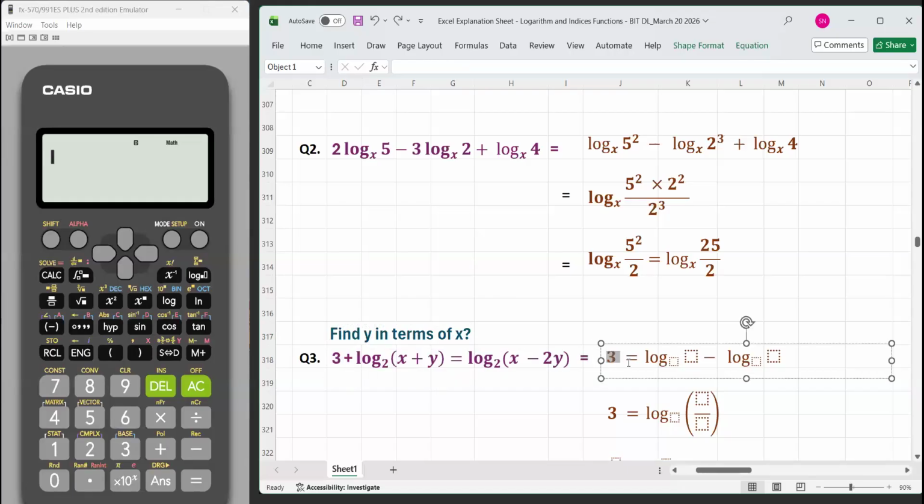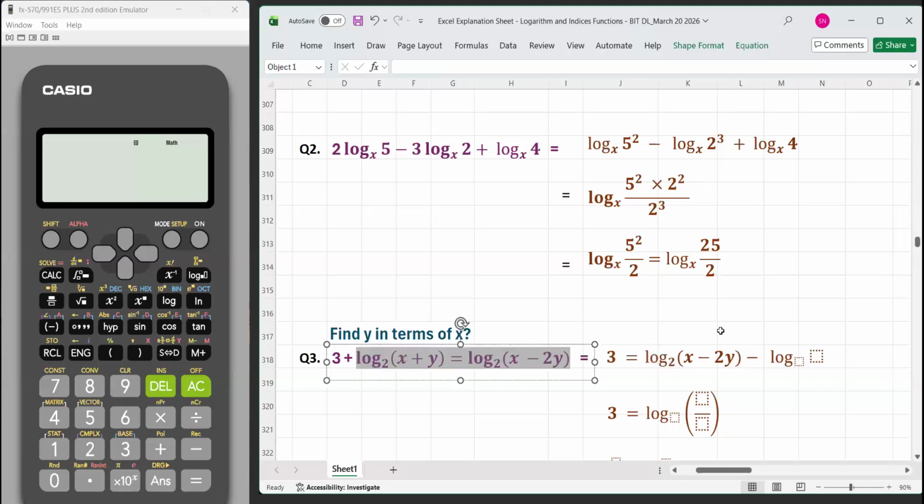I left 3 on the left, and then remember the right hand side is log x minus 2y. So here I have x minus 2y all to the base of 2. Okay. And then on the right hand side, when I bring log x plus y to the right hand side, it becomes minus. Okay, it's plus on the left. So when it comes to the right, it becomes log x plus y minus log x plus y all base 2.